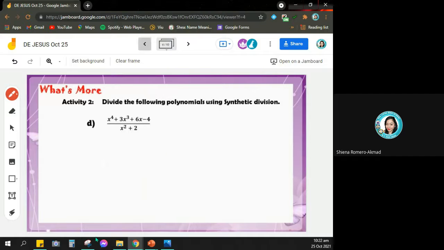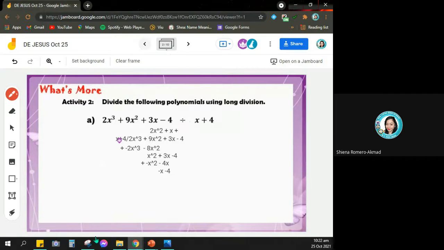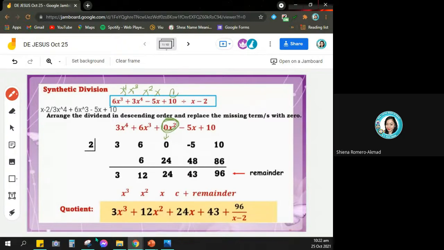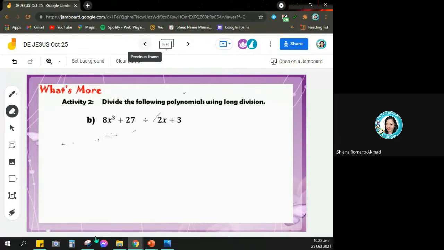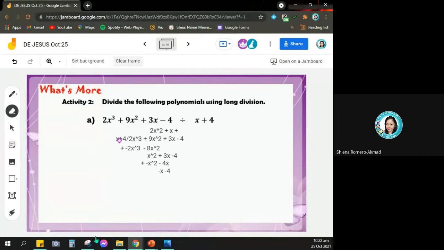So, let's look at other numbers. So, ito yung magiging basehan nyo mamaya. Here's the final answer. How about here? Dalawa na lang. Ako, iniwan na ako. 1022 na daw kasi, ma'am. 1022 na, tama na.